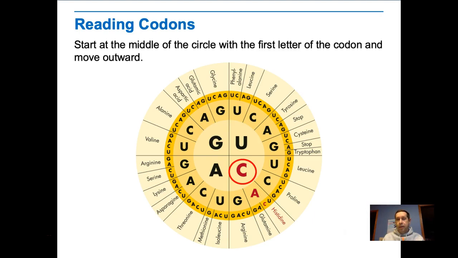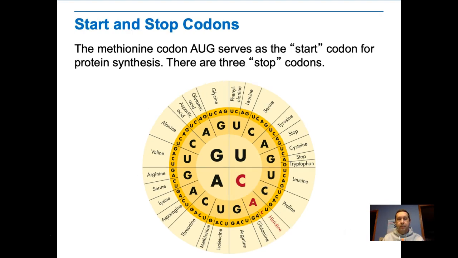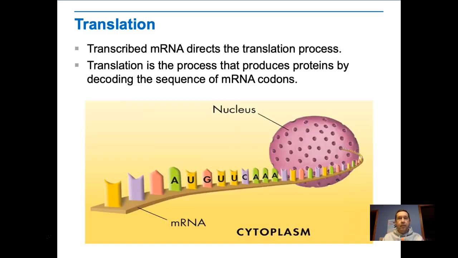So for instance, here we've got C, A, C, which codes for histidine. I mentioned AUG is the start codon for all protein synthesis. There are also 3 stop codons. You can see them here in the table.